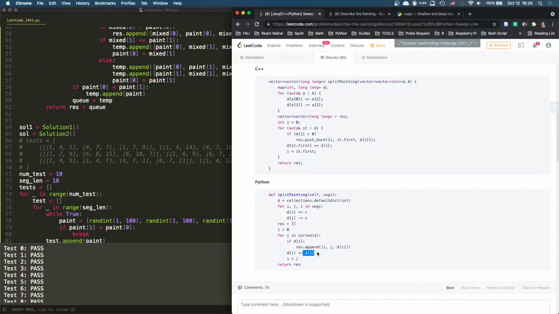Okay, so again, we start by finding all the intersections. If it's a starting point, we add, so everything going forward we add. At the end position, think about it this way: the start means from here towards eternity, everything adds this value.